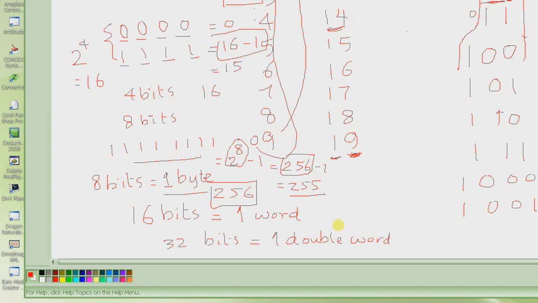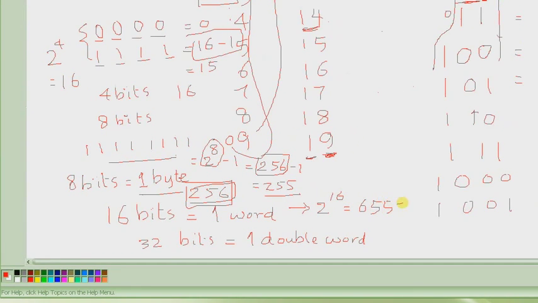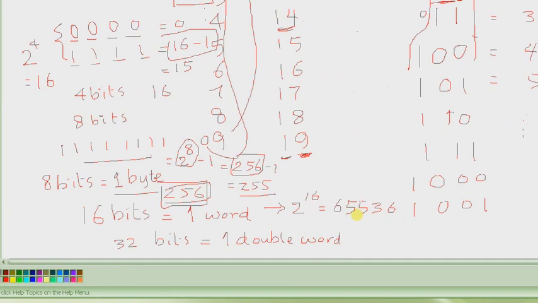These are the terms that you will hear again and again in programming languages and computer science everywhere. In 1 byte we could write 256 numbers. In 1 word we should be able to write 2 to the power 16, which is 65,536 numbers.